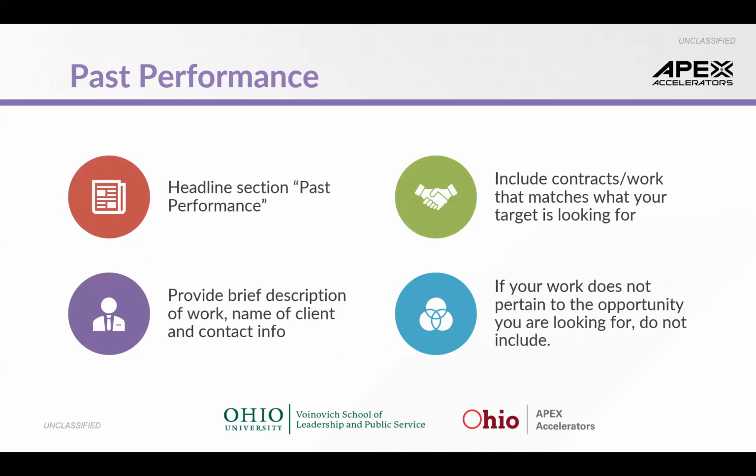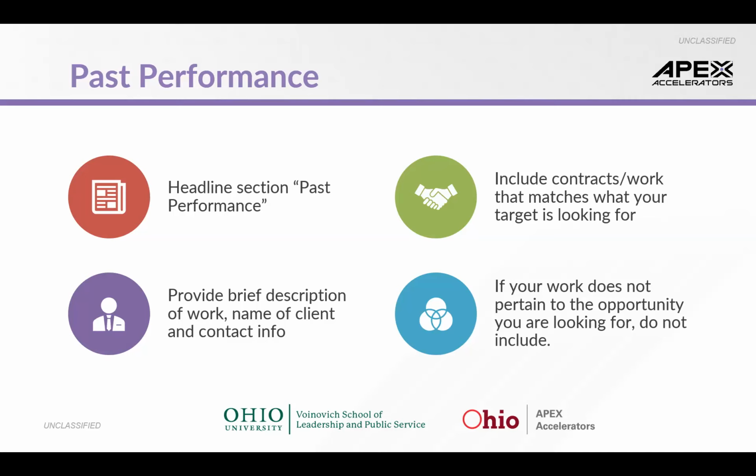Past performance, I call this your reference section like you would have in a resume, but call it past performance. And here you're going to provide a brief description of the work that you've done, proving you can do what you say you can do. We recommend you give a brief description of the type of work that you did, the name of the client that you did the work for, and any contact information that you might have for them to check your reference.